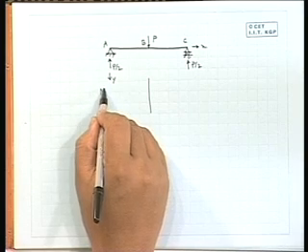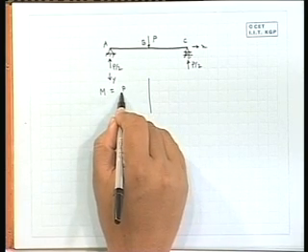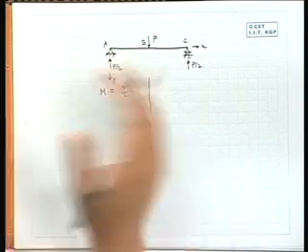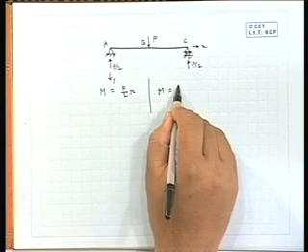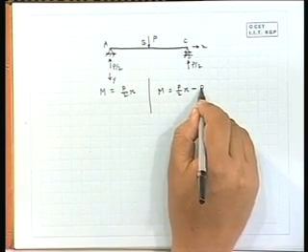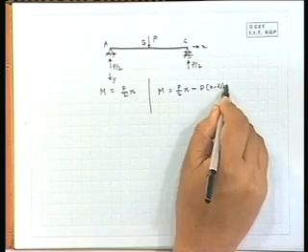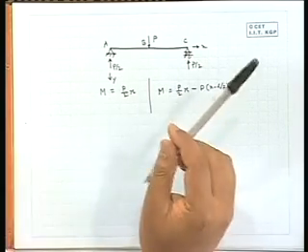So, these two parts more or less we have tried to express in this manner, say M, that we have written P by 2 into x for the left part. For the right part it was P by 2 into x minus P into x minus L by 2, right. So, that we have written in the last class.